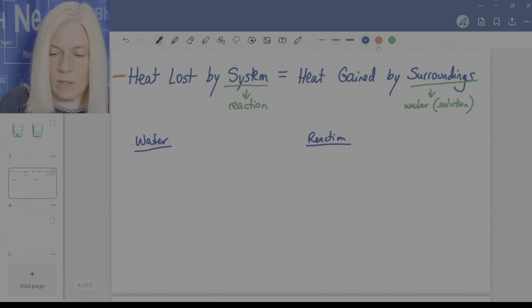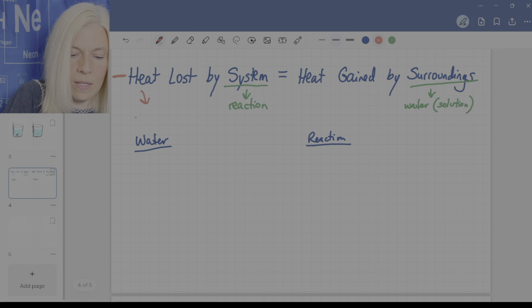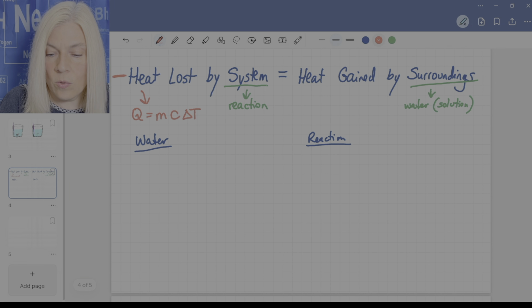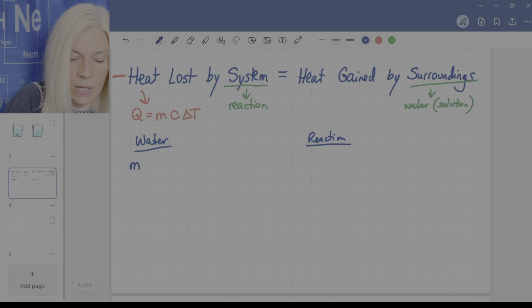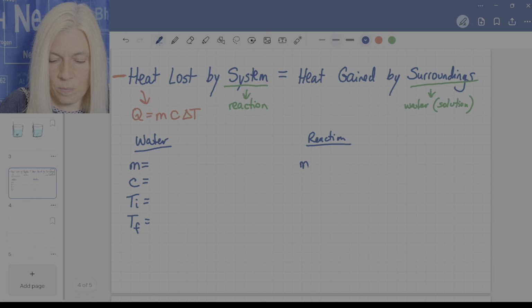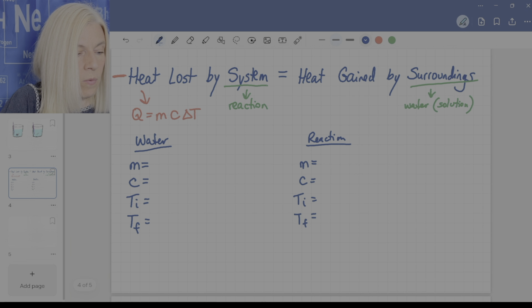Now this is heat, remember? Heat is Q. What's Q? Mass, specific heat, delta T, right? So let's write all these things. Do I have mass, specific heat, T initial, T final? Let's write down, for my reaction, mass, specific heat, T initial, T final. All right, what's going on with my water, my solution?